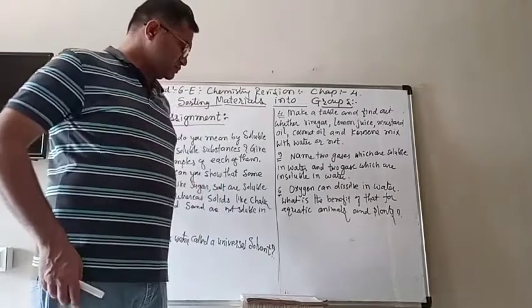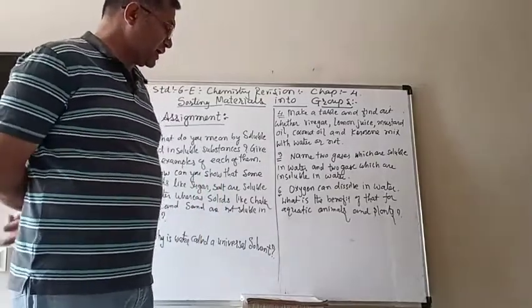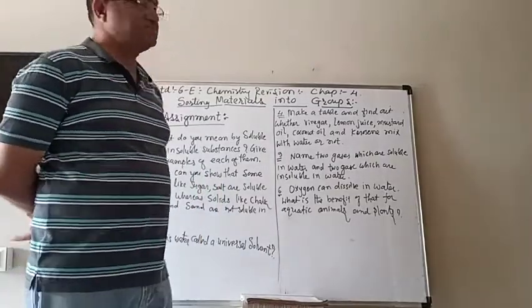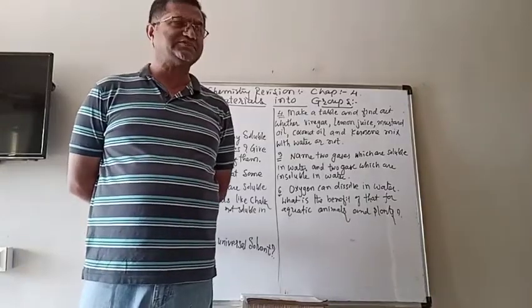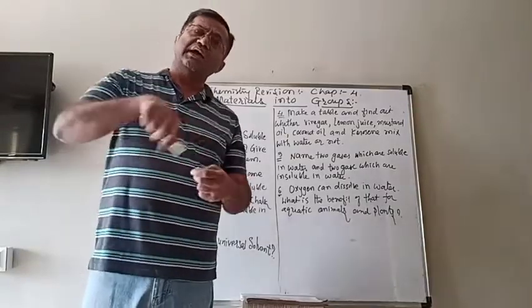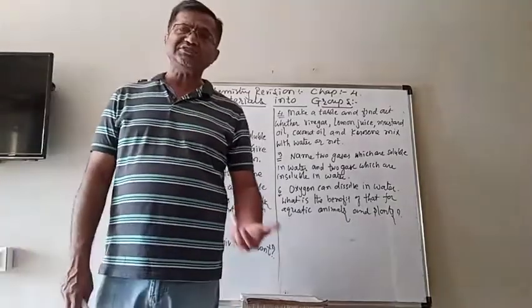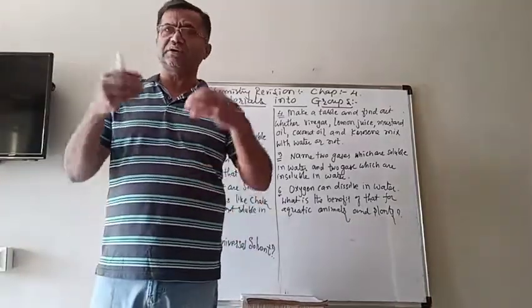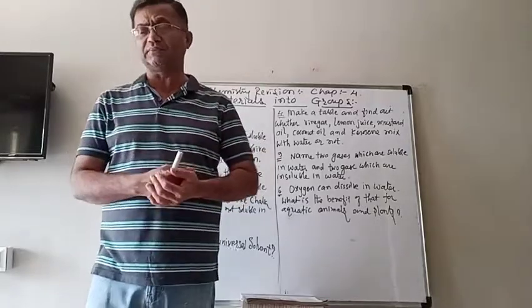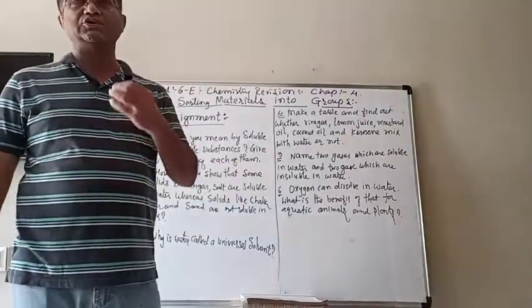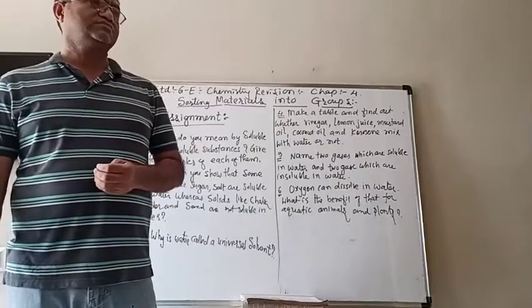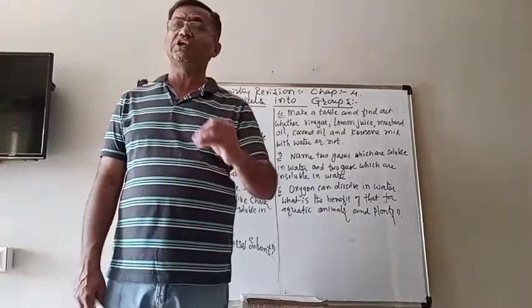We can understand that when we add some substances or objects in water and stir it, after stirring for some time, if that object disappears, meaning you won't be able to see it, then we can say that it is soluble in water.